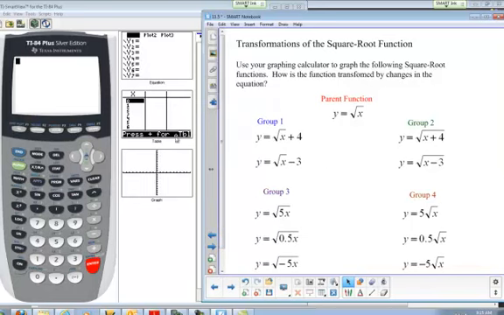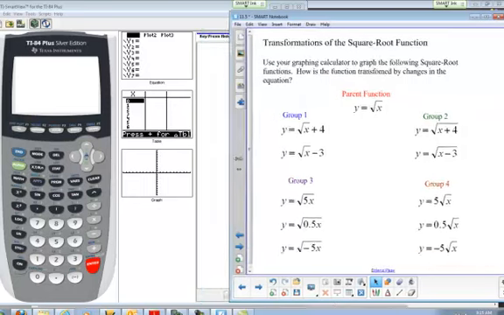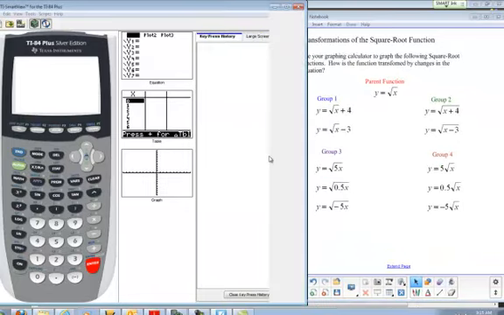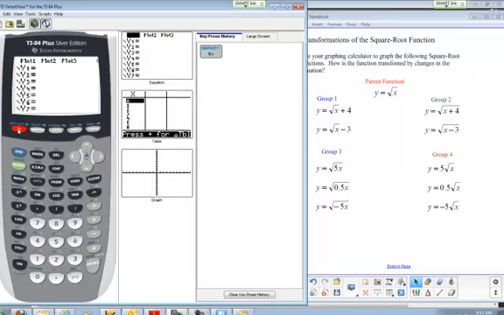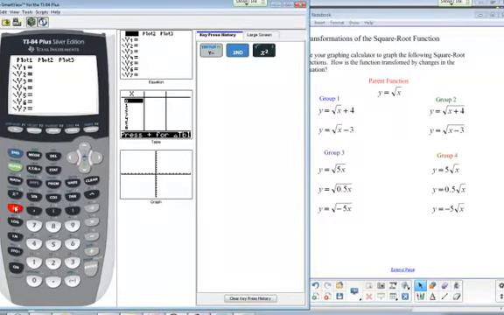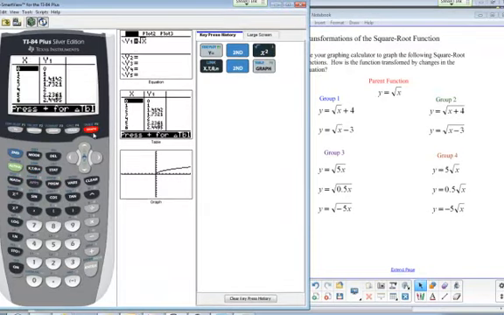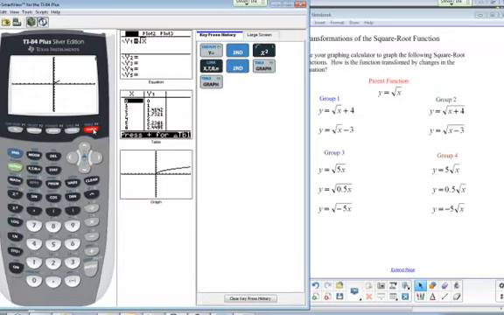Okay, so the first equation is y equals the square root of x plus 4. So let's go ahead and just look at the square root of x first. Here's my graph.